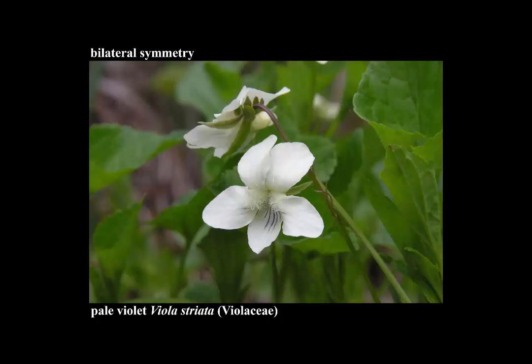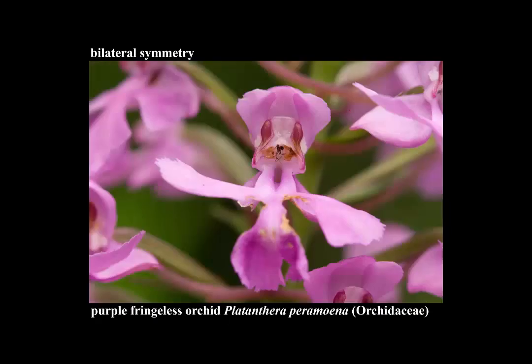It's a violet, and you can see that this one petal in the bottom is different, there's nothing on the top like that, and they're sort of paired left and right. It's called irregular symmetry. Here's an example. It's an orchid. Orchids are very advanced, and they're all zygomorphic.